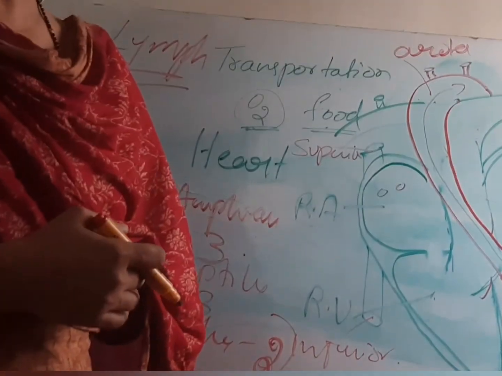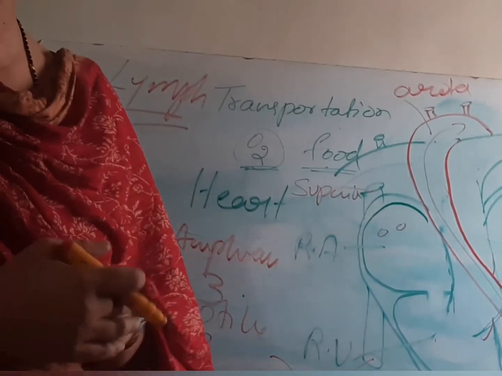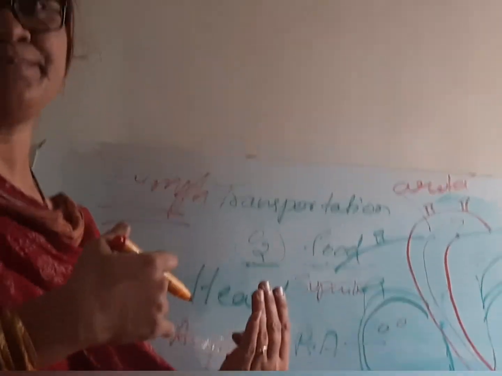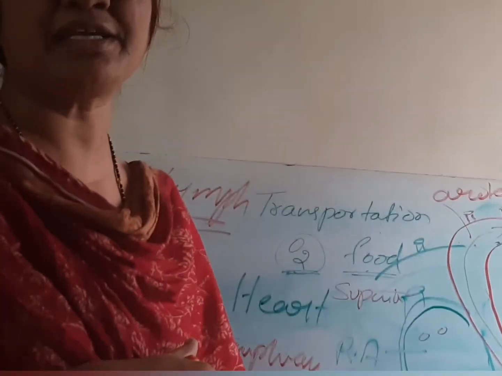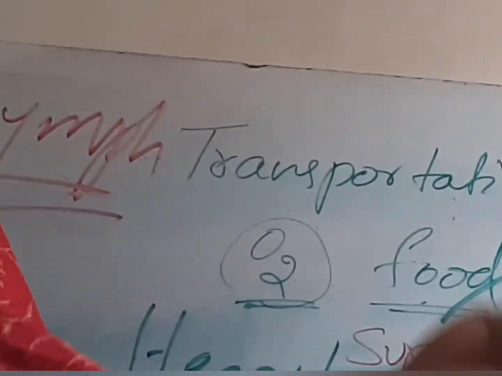Lymph carries the digested fat directly from the small intestine, and it enters into the intercellular space of the tissues, and again is collected into the lymph capillaries and flows into the lymph nodes. And again comes back to the heart.